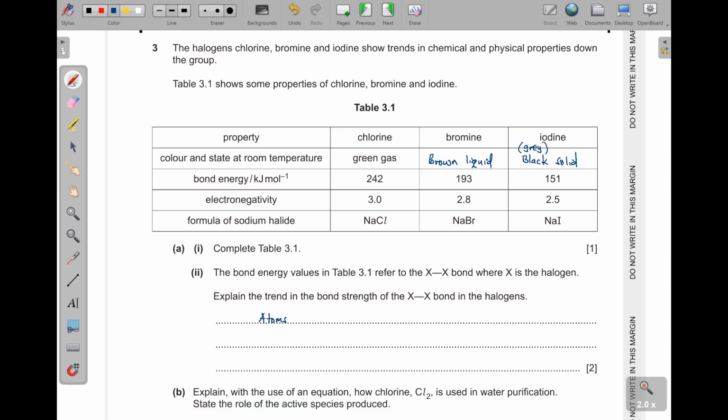Then the distance between the electron pair and the nuclei of the two bonded atoms is greater. It becomes greater as you go down the group.